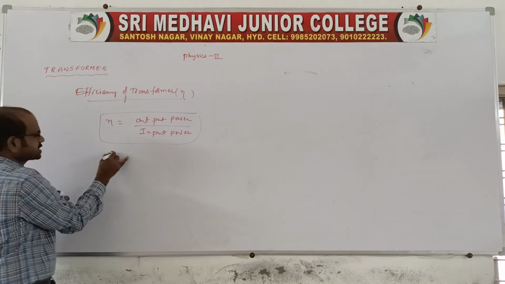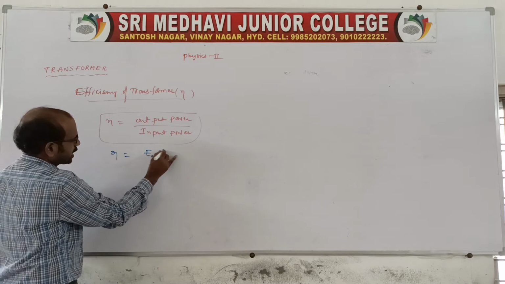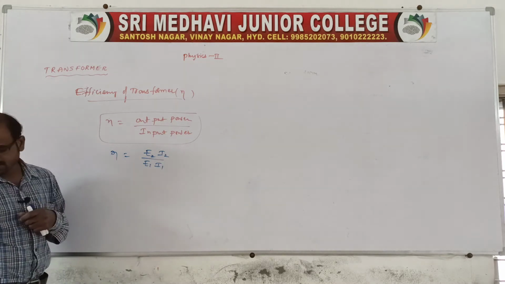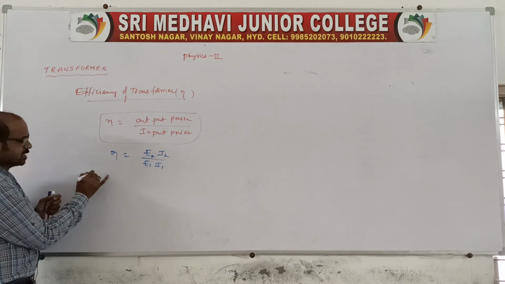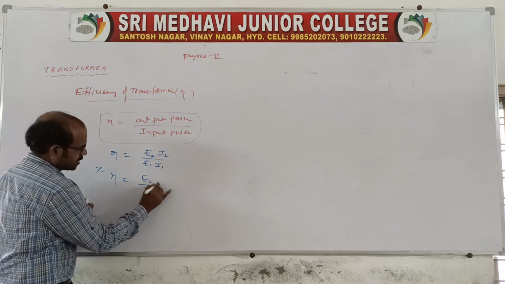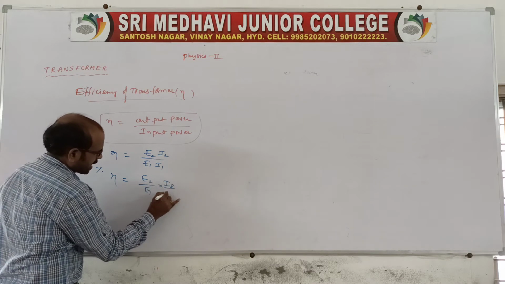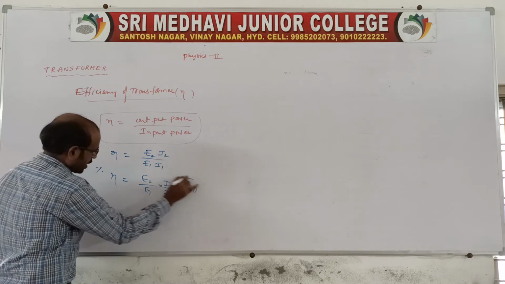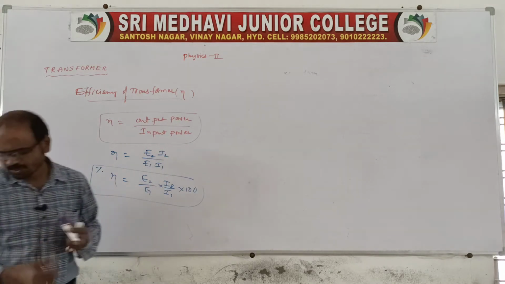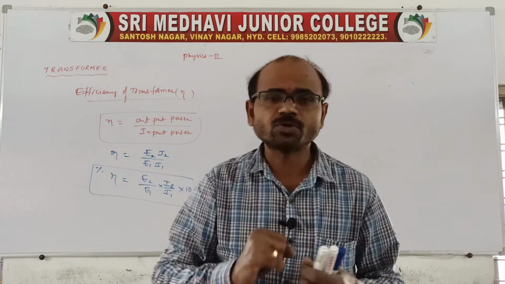Efficiency is equal to E2 I2 by E1 I1. If the question asks for percentage, then the percentage is E2 by E1 into I2 by I1 into 100. And one more point you remember: for an ideal transformer, efficiency is equal to 1.